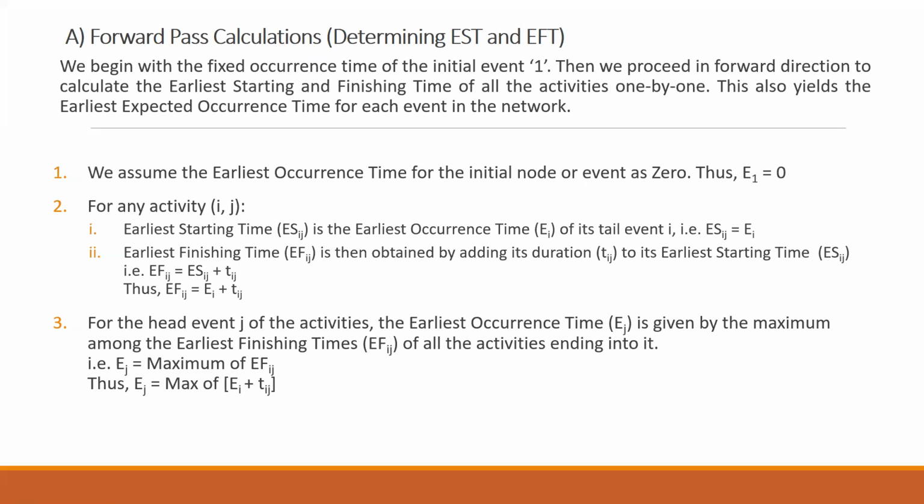The maximum is 6. This maximum will be the earliest occurrence time for your next event. So Ej will be equal to the max of your EFij. Clear?